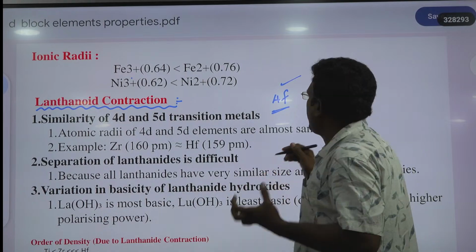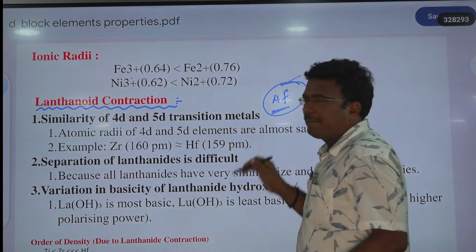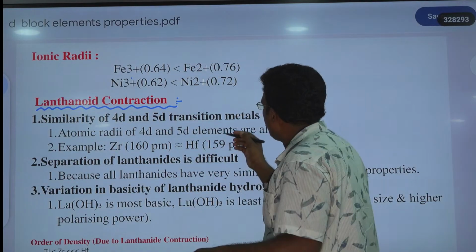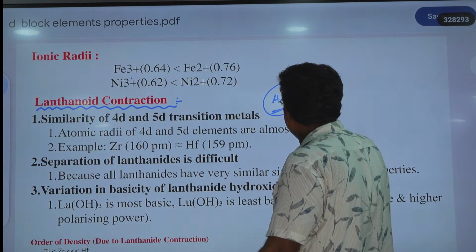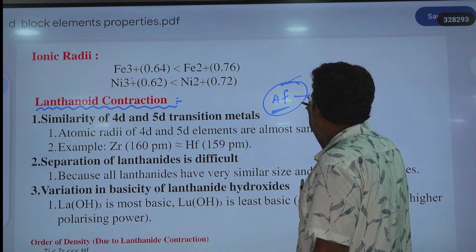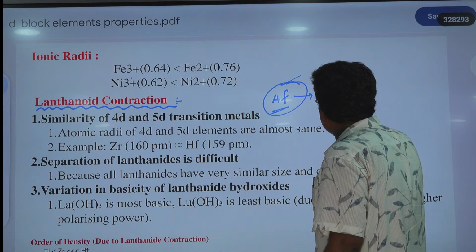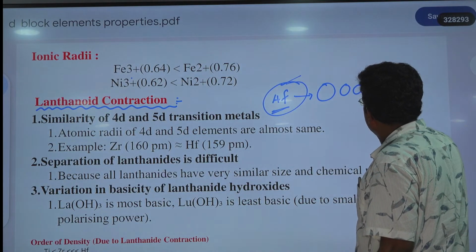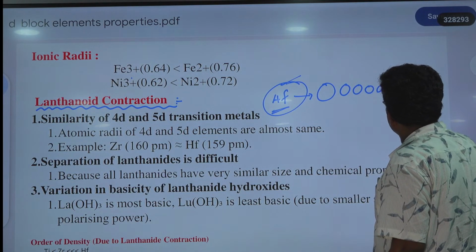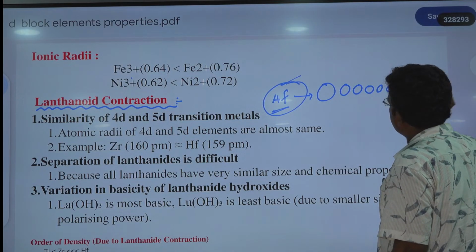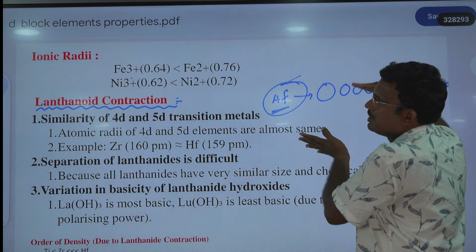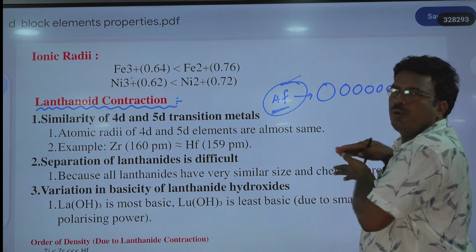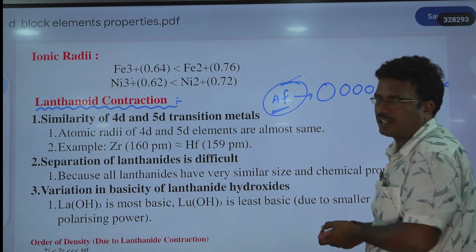At that time the outermost electrons are attracted to the nucleus. In the 4f series, the atomic size gradually decreases from the starting element onward. This is called contraction. This phenomenon is observed only in the lanthanides, which is why it is called lanthanide contraction.